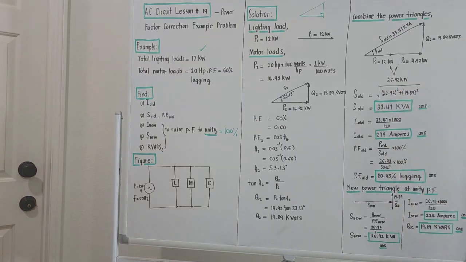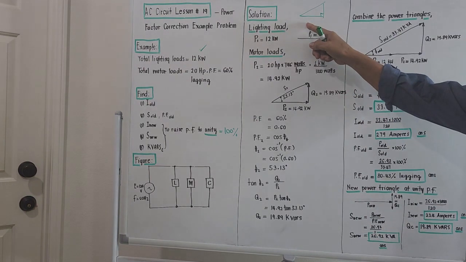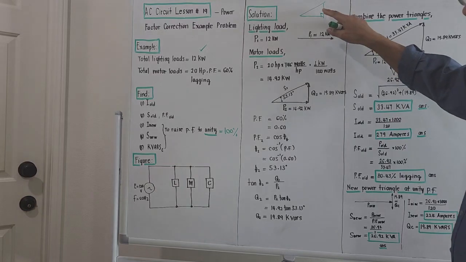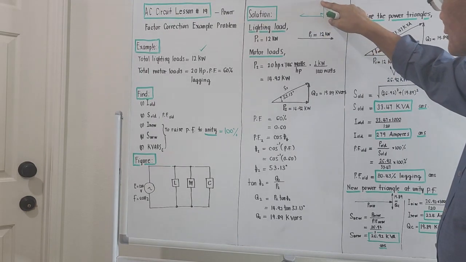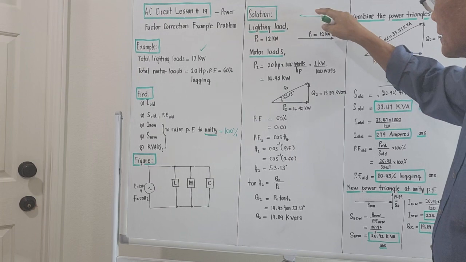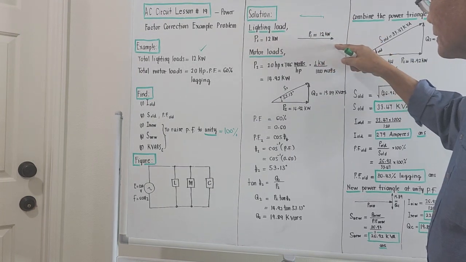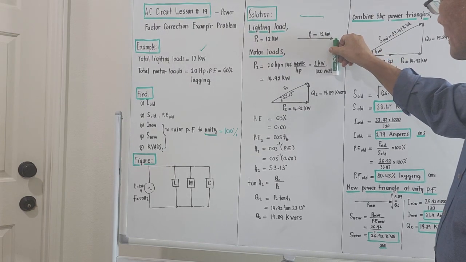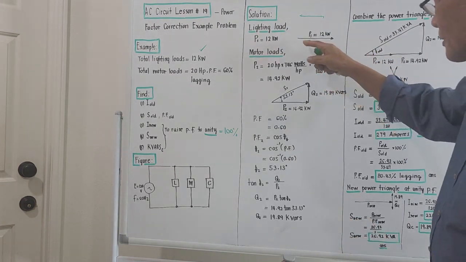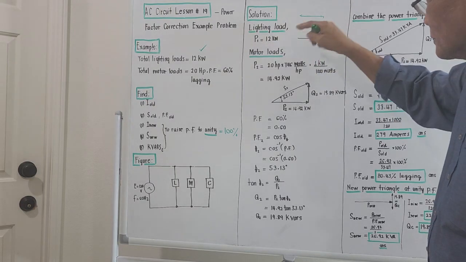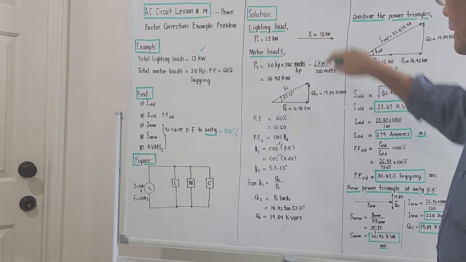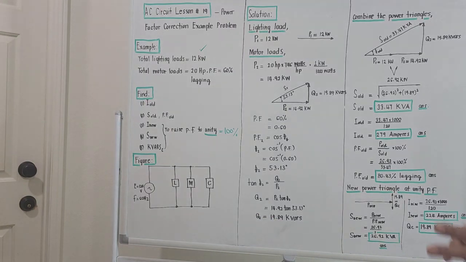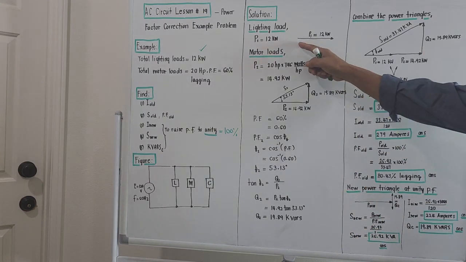But for a lighting load, instead of a right triangle, the power triangle is just simply a straight line. Because it has no inductive load and no capacitive load, the resulting triangle is just simply a straight line for a lighting load. Okay, that is standard. You cannot change that one. If the load is a lighting load, the power triangle is just simply a straight line.